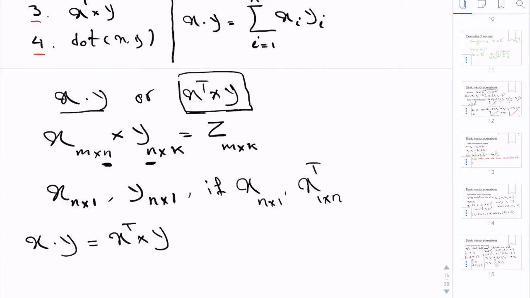Because in transpose we basically swap the rows with columns. I will give you a formal definition for transpose later, but for now that's how it looks.